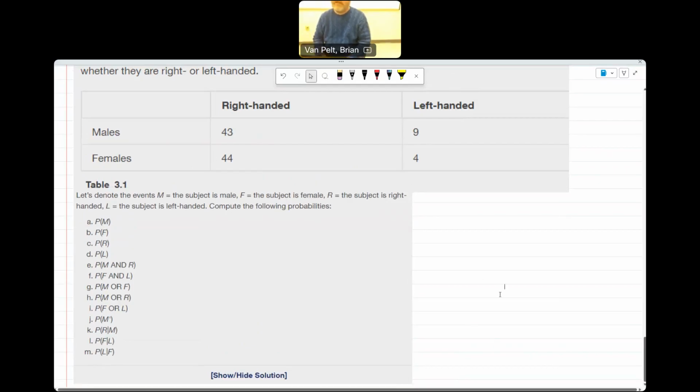Can you guys see that? I don't know how much bigger I can make it. Now this was an appropriately labeled problem. Do you see what they did here? All the letters are appropriate for what they're supposed to be here.